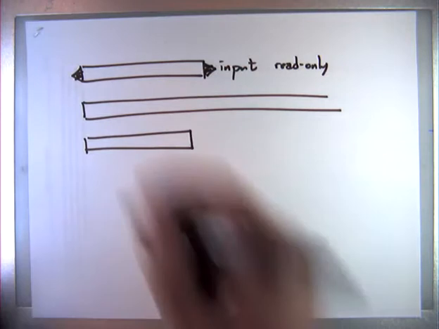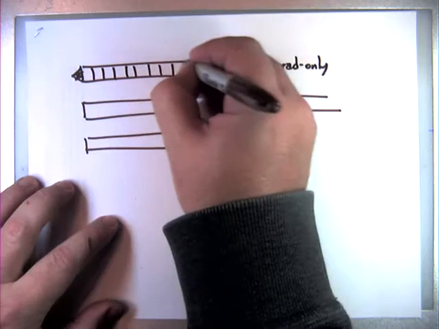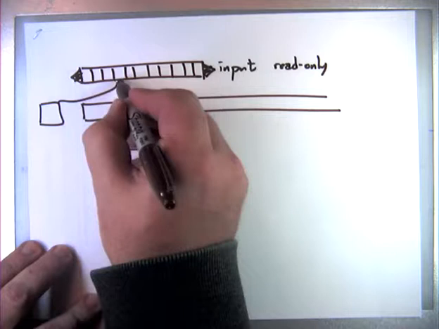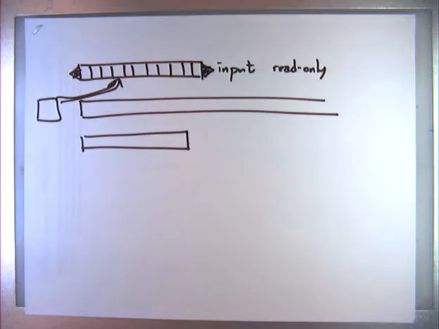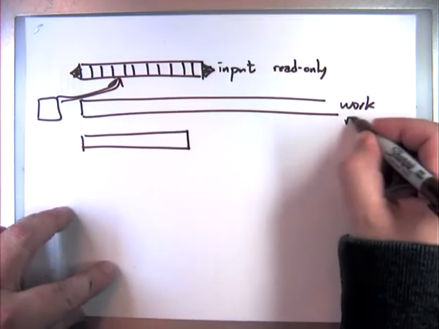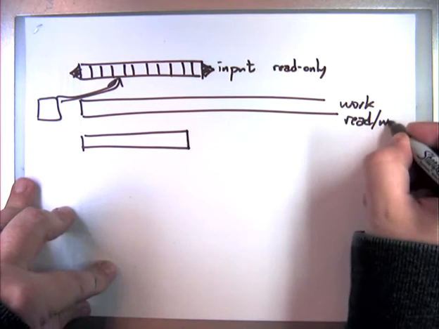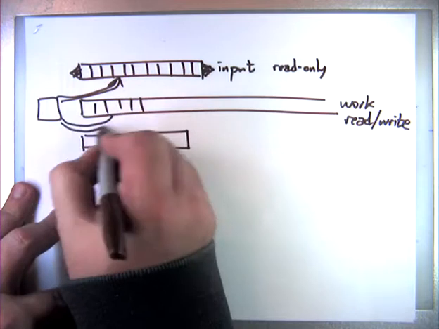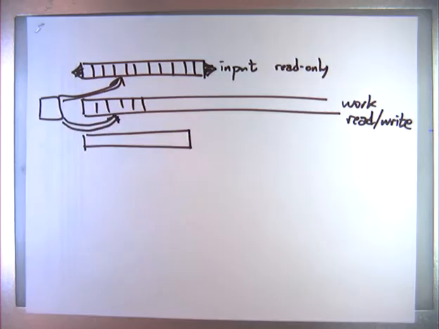But there's just a chunk of memory that stores the input string, and the finite control has access to only one spot in that input tape at any given time, and it can move left and right, but it can't write new symbols onto the tape. Okay? Then I have a work tape, which I can do any reading or writing I want. Right? And again, my finite controller has access to exactly one location on the work tape.